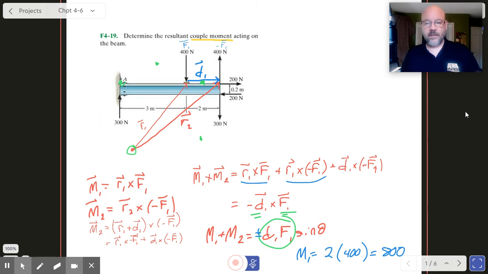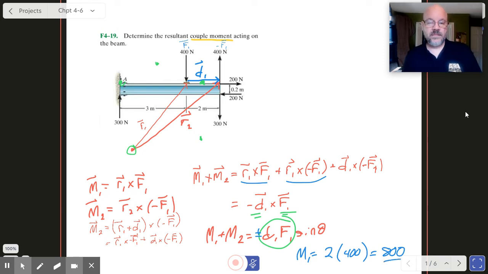It says determine the resultant couple moment acting on the beam. There's that word resultant. We haven't seen that in a little while, but it basically just means if you add stuff up, what's the result? And so from our 400 couple moment, we get a moment of 800, but we've got two more.